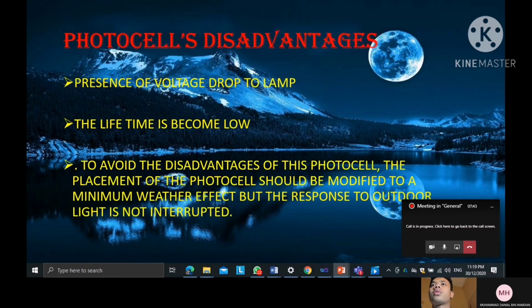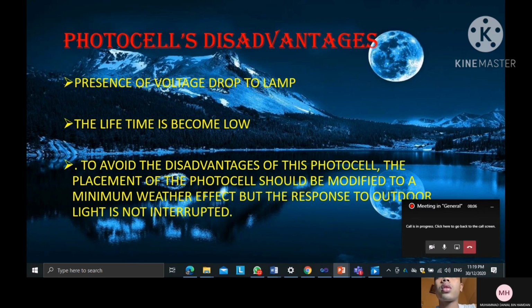So, next, photocell's disadvantages. First, the presence of voltage drop to lamp. It is often damaged and does not last long due to the photocell itself. The lifetime becomes low.